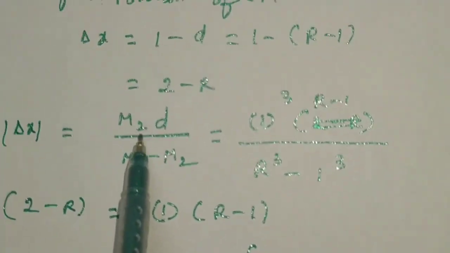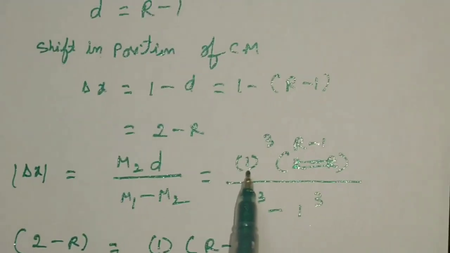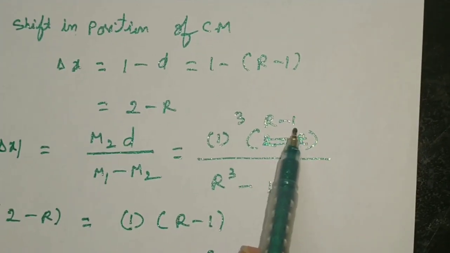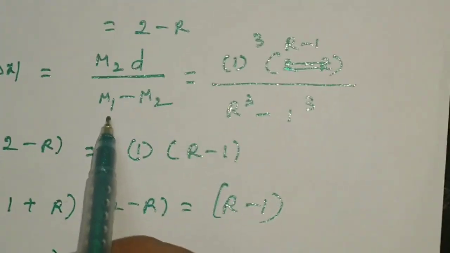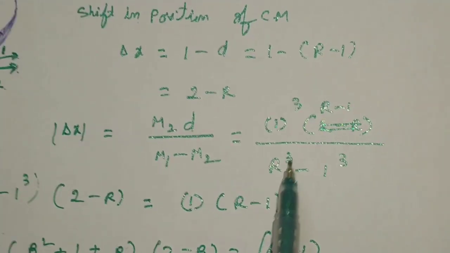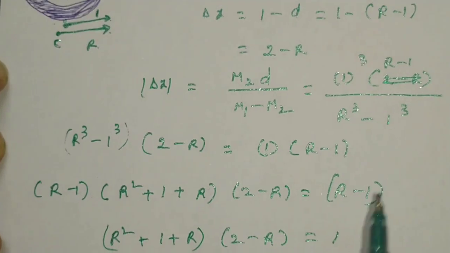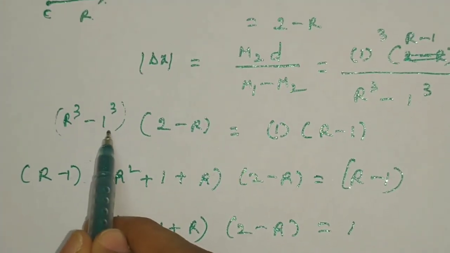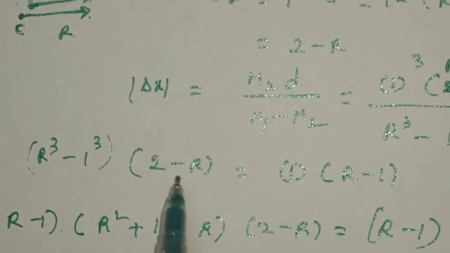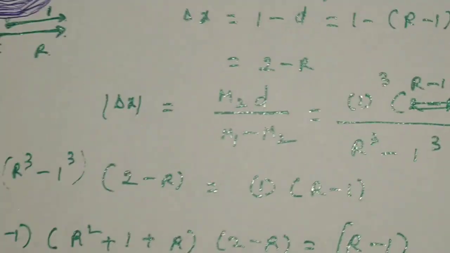So, m2 is the mass of the removed sphere, its radius is 1, so m2 is proportional to 1 cube, d is R minus 1, by m1, the mass of the original sphere whose radius is R, so m1 is proportional to R cube, minus m2, which is 1 cube. On cross multiplying, R cube minus 1 cube into delta x, which is 2 minus R, is equal to 1 cube, meaning 1 into R minus 1.